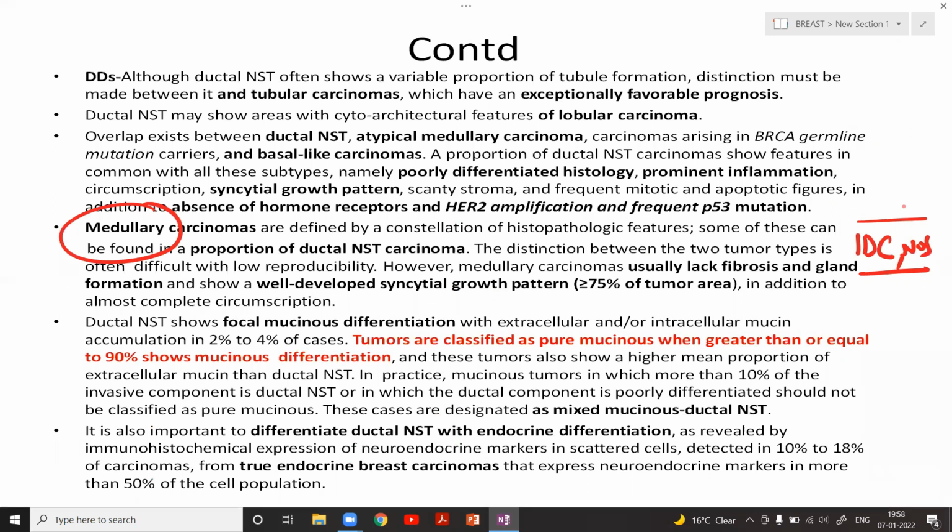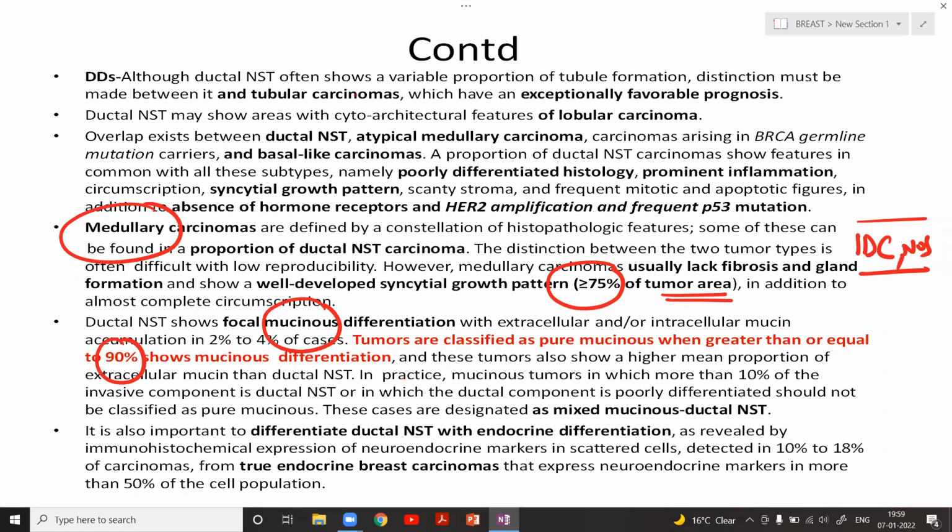But previously, any tumor showing medullary carcinoma features should show at least 75% of the tumor area to be medullary. Now, for a tumor to be called mucinous, at least 90% of the area should be mucinous. Similarly for tubular, and similarly for the cribriform variety, you should show that 90% of the tumor has this variety. So this is a very, very important point.